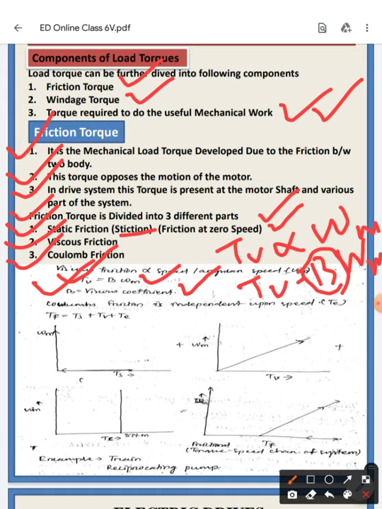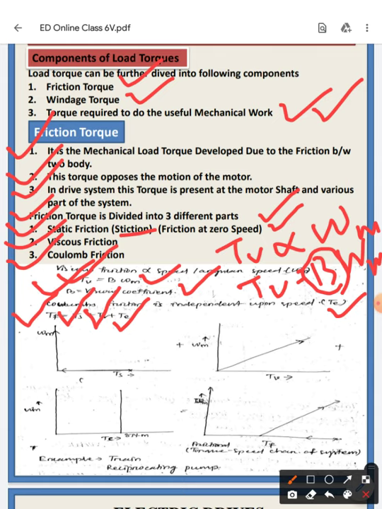Again, Coulomb friction is the combination of three different frictional forces. You can write the frictional torque as equal to the combination of static friction plus viscous friction plus Coulomb friction, and Coulomb friction is independent of the speed, right?